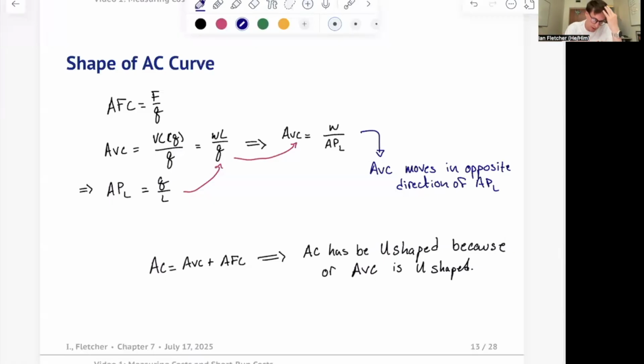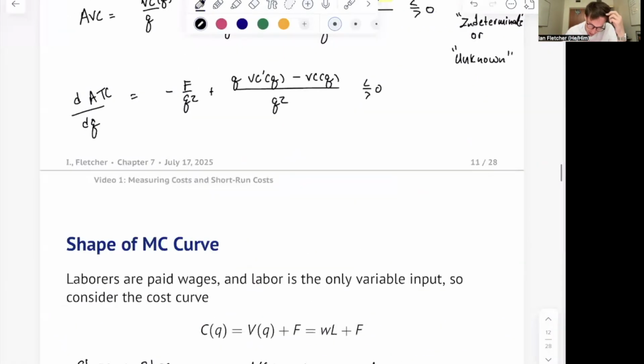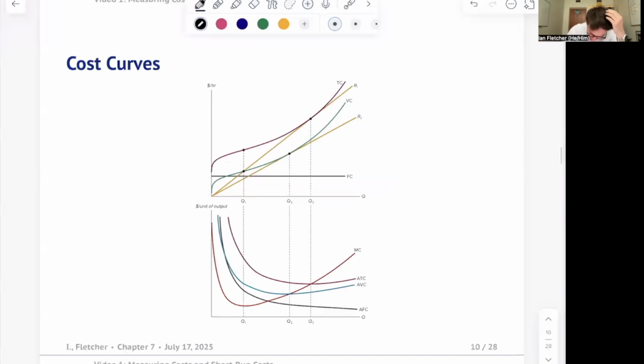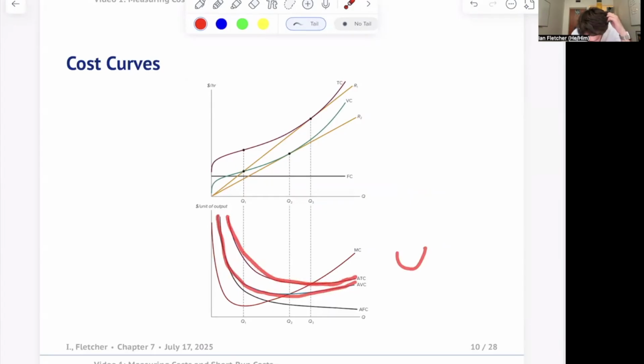So we're going to be U-shaped here. And this pretty much matches what we had up here. Our AVC did start to pick back up, so we did have a U shape here. And our ATC also had a slight U shape. But our AFC was the only one that declined constantly.